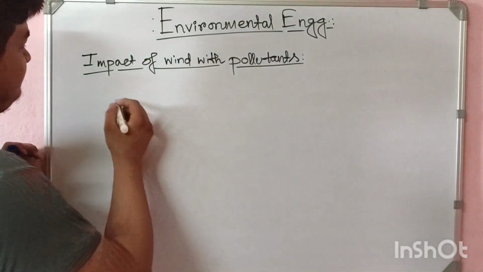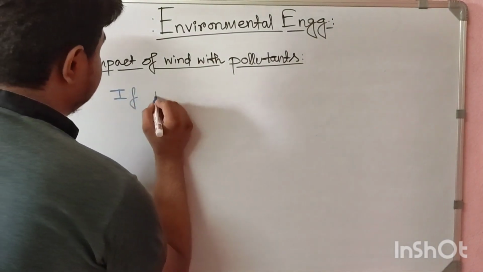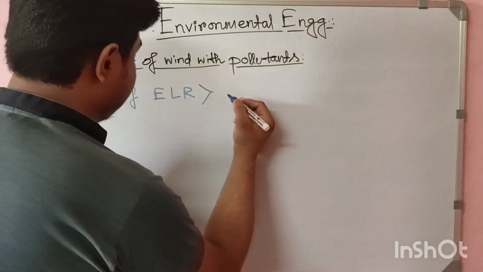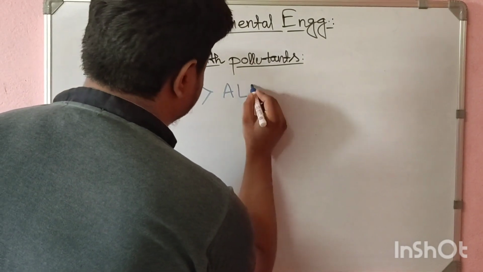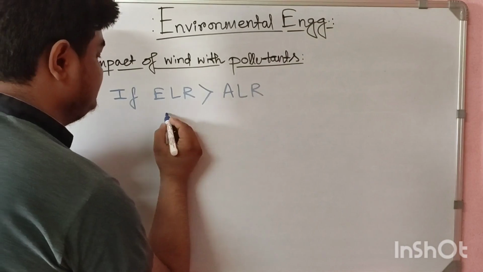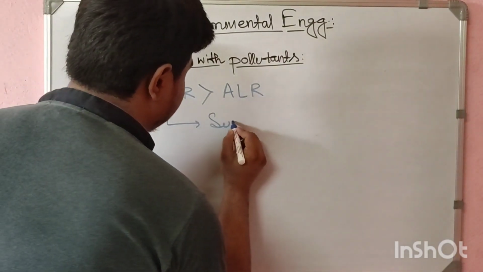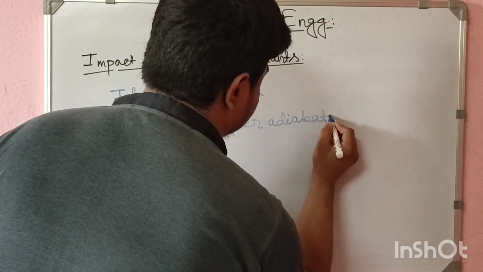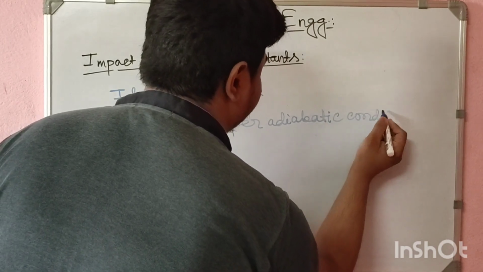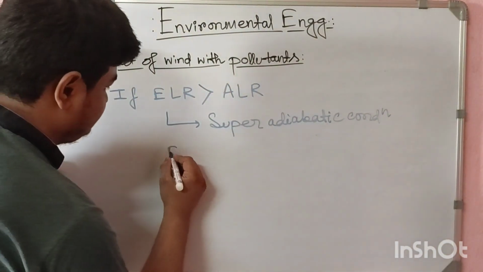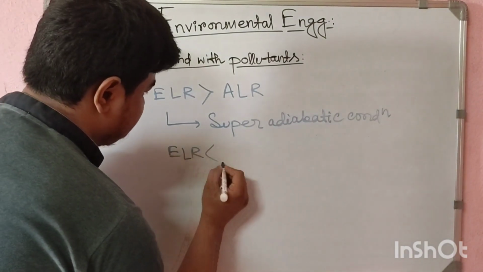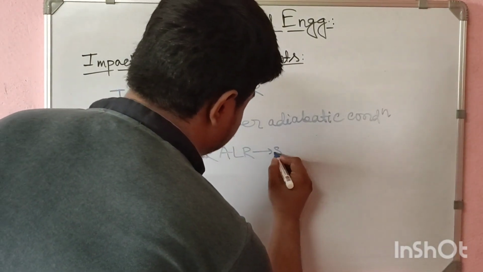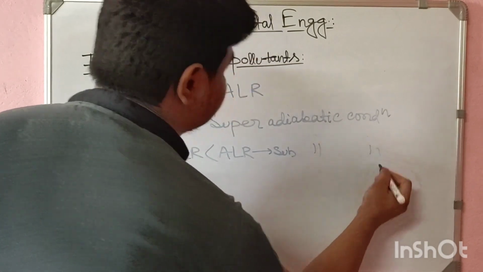If ELR is greater than ALR, then this is the super adiabatic condition, and when ELR is less than ALR, then this is the sub adiabatic condition.